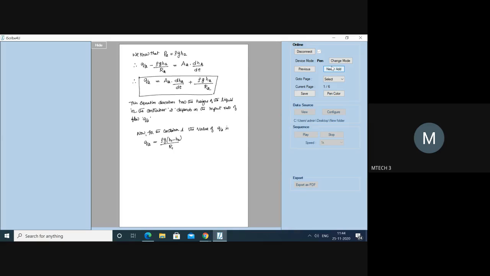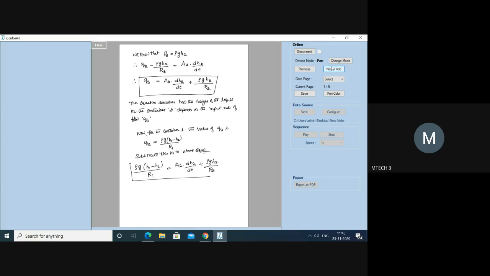Now substitute this into the above equation. In place of Q2, I will write rho G H1 minus H2 by R1, which is equal to A2 into dH2 by dt plus rho G H2 by R2.